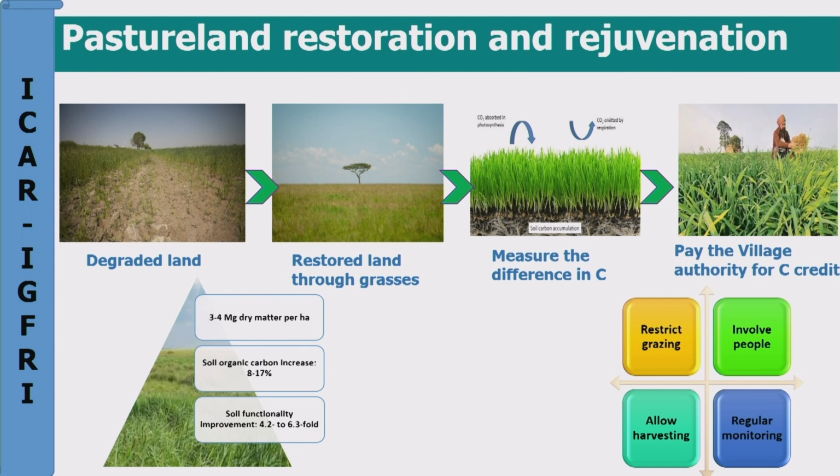We initially did not allow grazing for two years, but we involved the local people to cut and carry the biomass or the fodder from the restored land to feed their animals. And regular monitoring by the scientific team was taken care of so that appropriate measures can be taken.